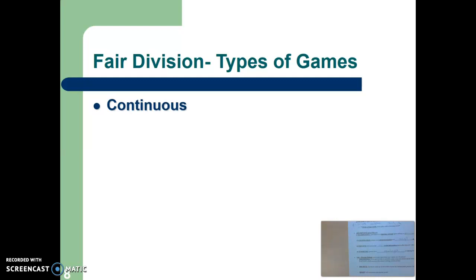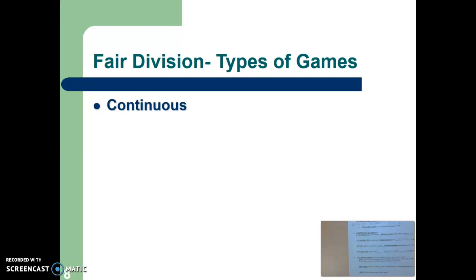So a continuous game is where, in a continuous fair division game, the set S is divisible in infinitely many ways, and shares can be increased or decreased by arbitrarily small amounts. Typical examples of continuous fair division games involve the division of land, a cake, a pizza, and so forth.